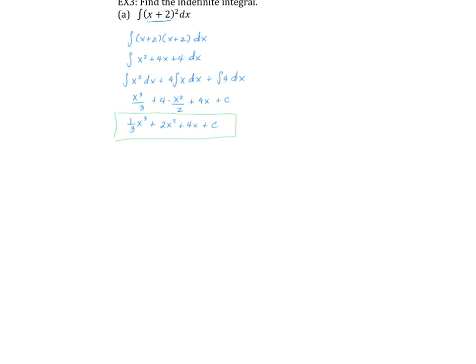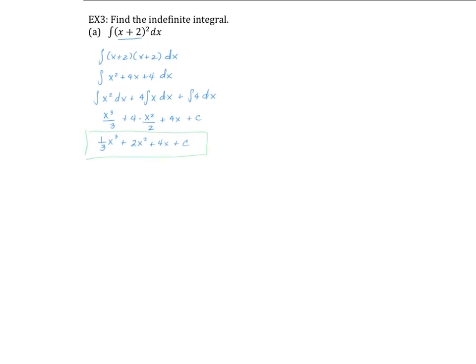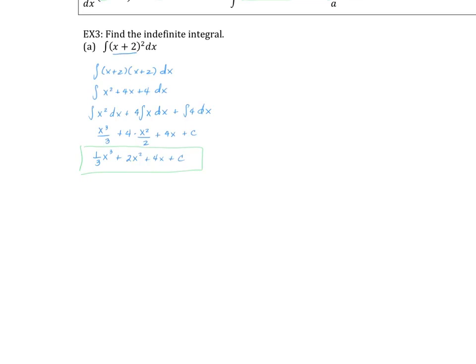What I would like to note for you is that you don't have to do all of that. Once you get to this point here, where you have multiplied that integrand, I don't expect you to write 3 integrals. It's okay if you just go from that point and look at each piece separately without writing them separately.